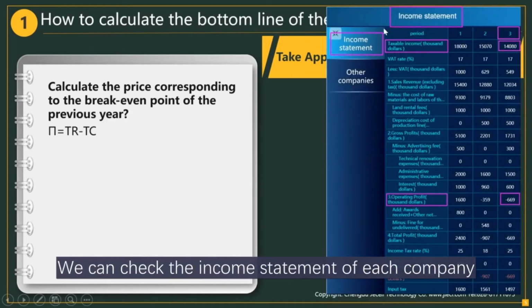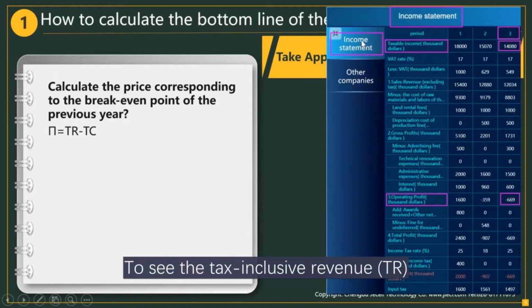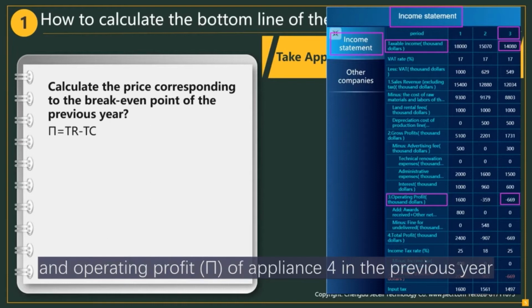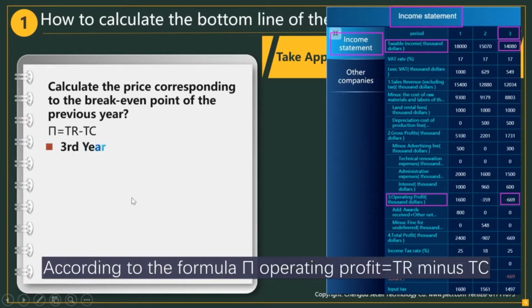We can check the income statement of each company to see the tax-inclusive revenue, TIA, and operating profit of Appliance 4 in the previous year, which are $14,080 and -$669, respectively. According to the formula, operating profit is equal to TIA minus TC.